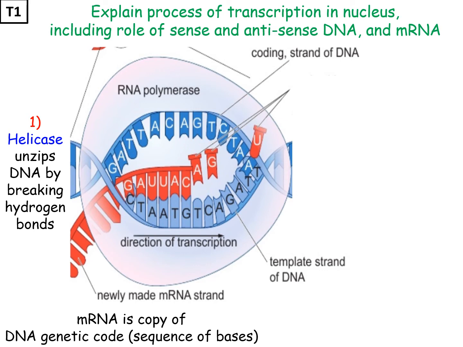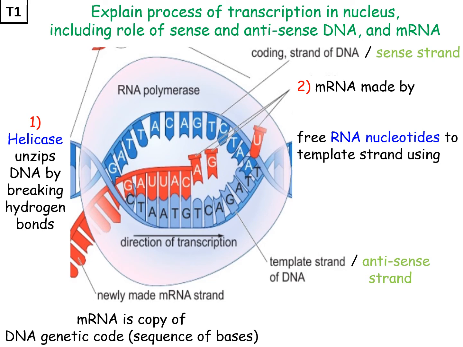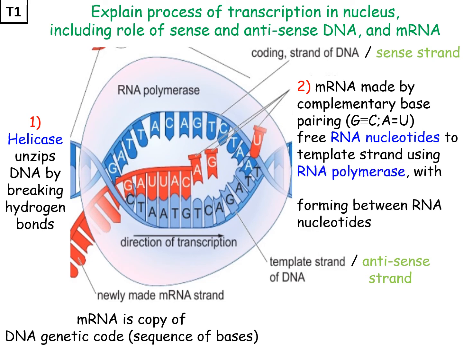We want to know the role of the sense and antisense DNA and mRNA. The coding strand, the strand that contains the genetic code, the gene, is the sense strand. The opposite strand, which is known as the template strand, is the antisense strand. To make the mRNA, you get RNA nucleotides, and they are joined to the template strand using complementary base pairing, which obviously requires hydrogen bonds.